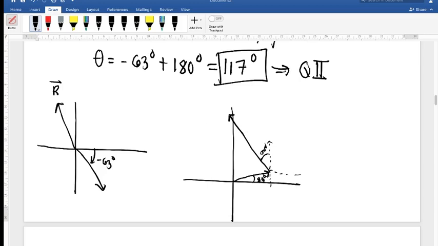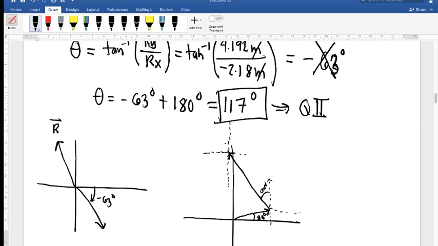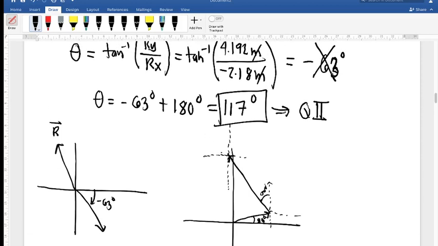Then draw again the vector C at the head of vector B, which is 45 degrees. This is approximate only. Then this is your vector C, vector B, and then vector A.